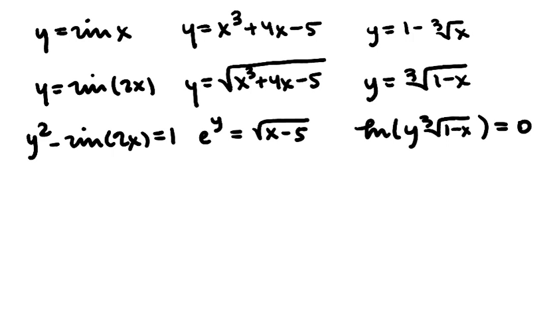I don't know, something like that. These are the type of things that we're going to need to take the derivative of now. These are equations that are implicit, where x and y are allowed to roam freely.